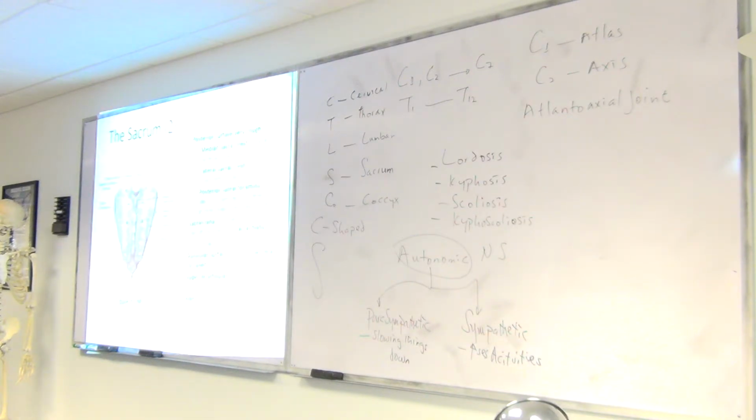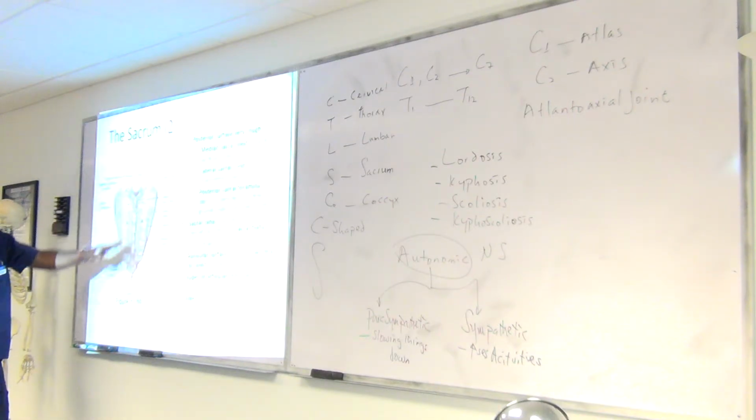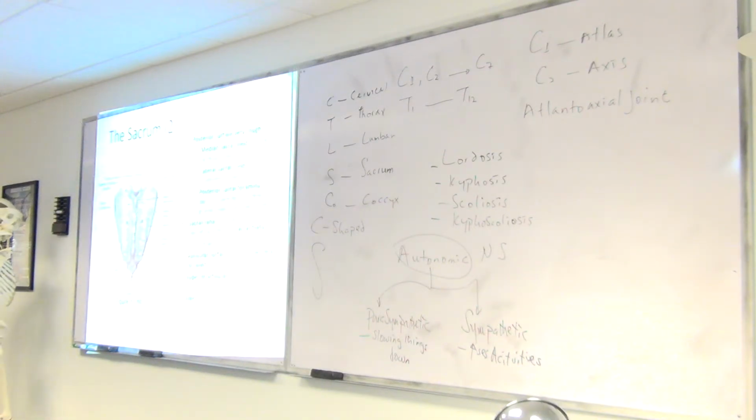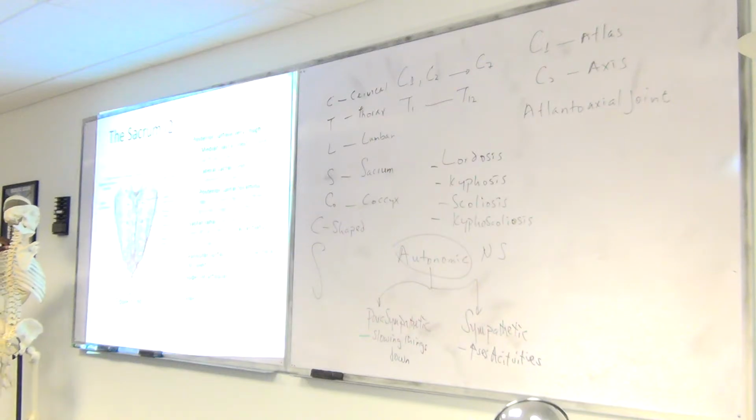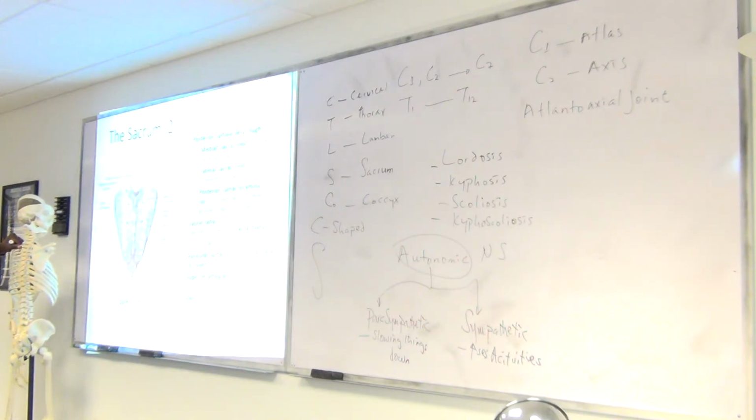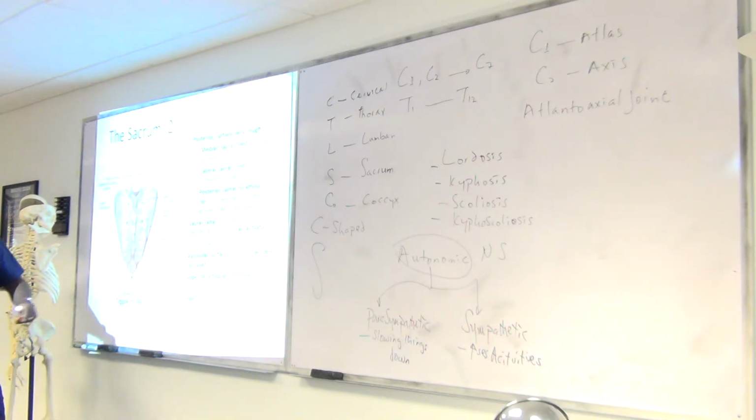All right. The posterior surface, which is on the back, right here, is very rough. I mean, we all can see it. Very rough. All right, there is what we call the sacral canal.